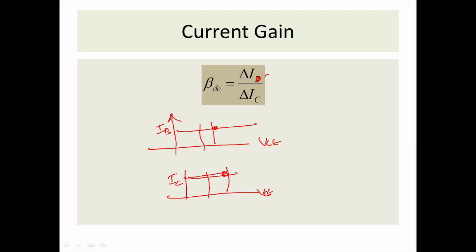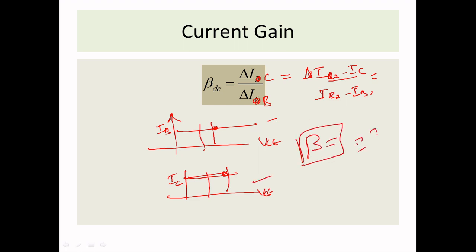Output current will be IC and input current will be IB. I wrote it wrongly. So that is IC2 minus IC1 divided by IB2 minus IB1. When you find that, you get your beta value.